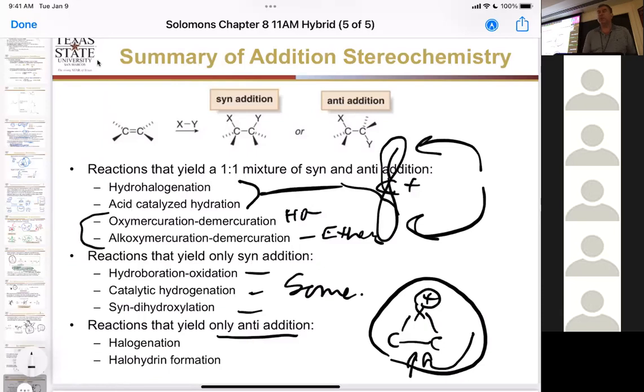Oxymercurization is a special case. It's going to add either one way or the other. And then when it oxidizes off, it'll give us that. And then these are all syn addition because of their mechanisms. They're all going to add across the double bond at the same time. Okay. So I like to divide them into what the intermediate looks like, because it really helps you understand the stereochemistry. Okay. Questions?